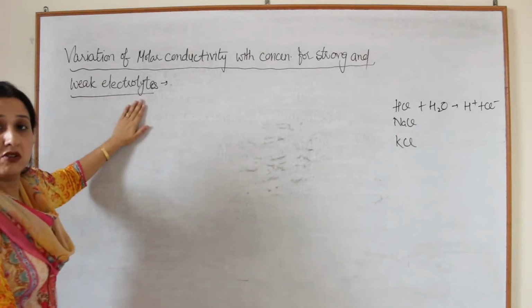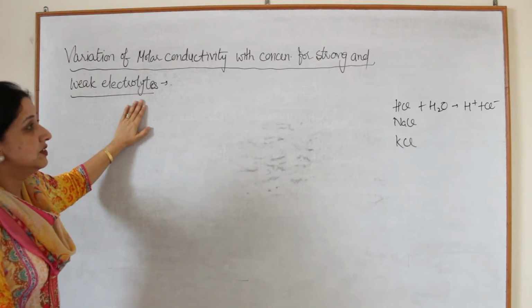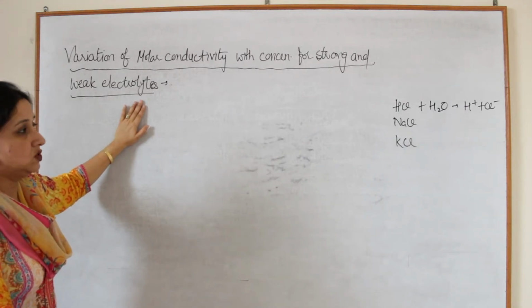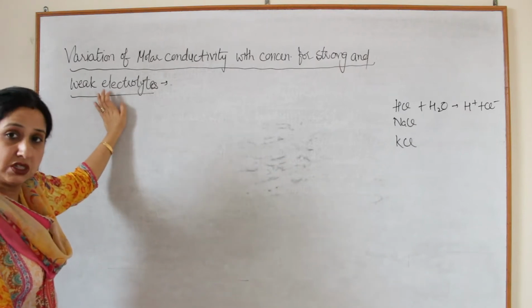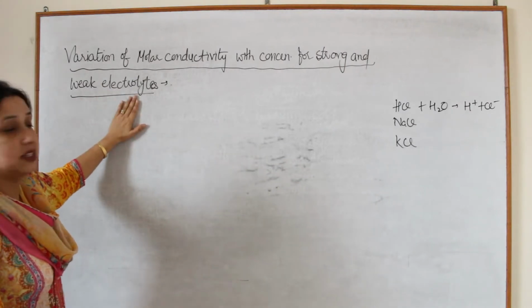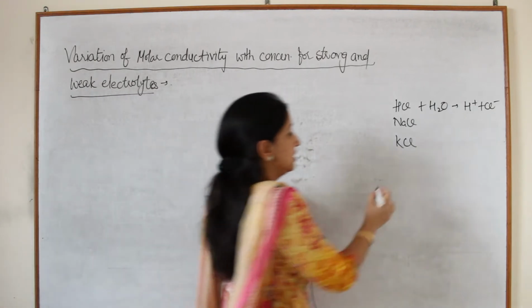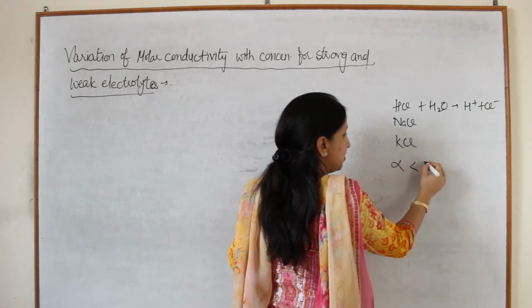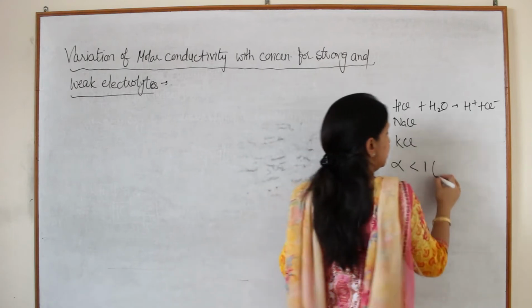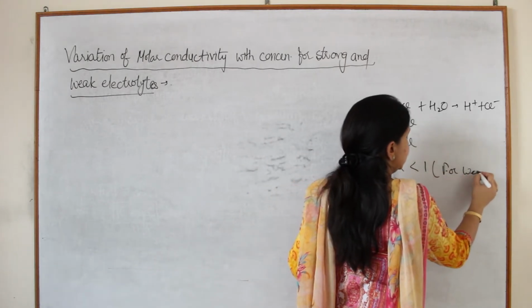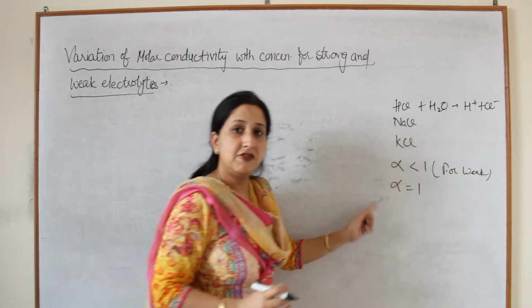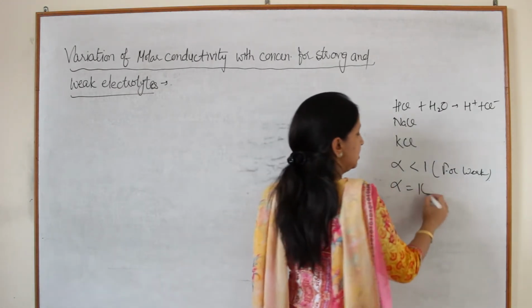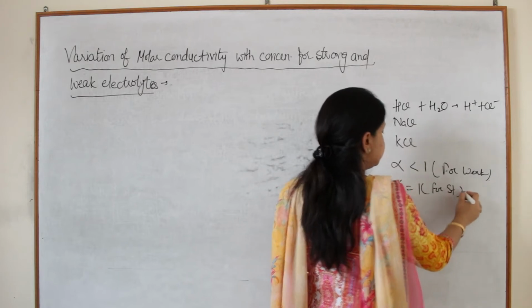But weak electrolytes are those electrolytes which are not completely dissociated into their ions. So degree of dissociation for weak electrolytes is always less than 1. Alpha is less than 1 for weak electrolytes, and alpha is equal to 1 for strong electrolytes.